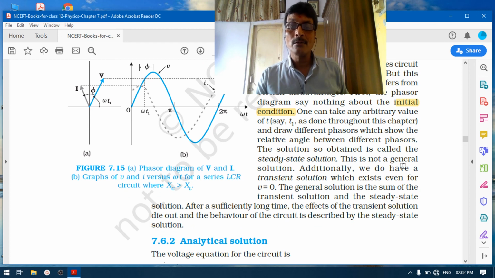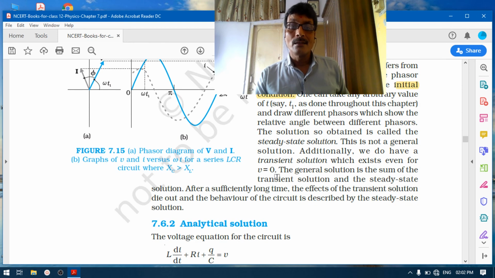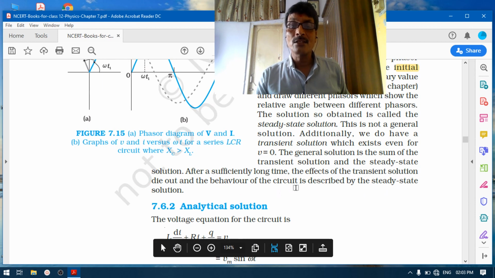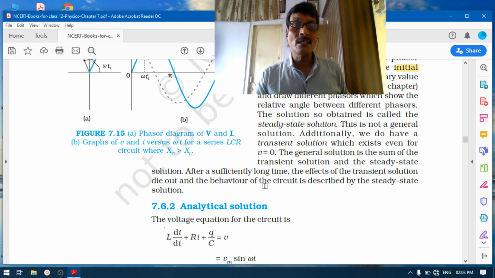Additionally, we do have a transient solution, which exists even for v equal to 0. The general solution is the sum of the transient solution and the steady state solution. After a sufficiently long time, the effect of the transient solution dies out and the behavior of the circuit is described by the steady state solution.